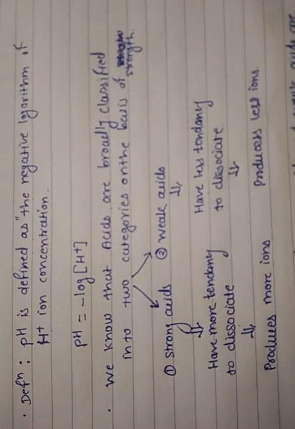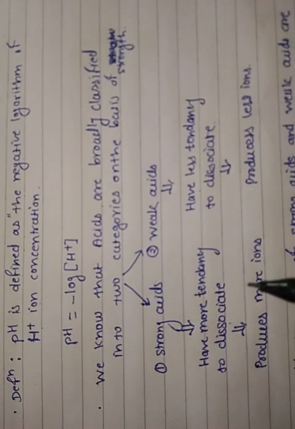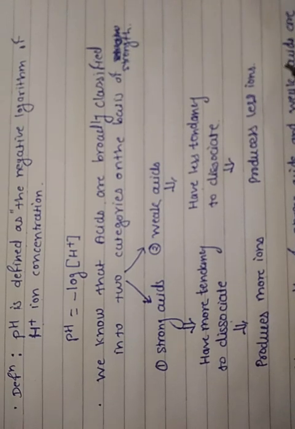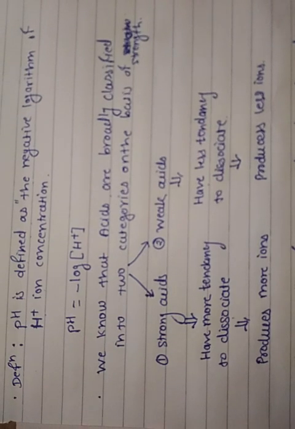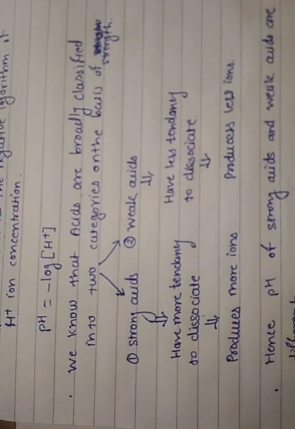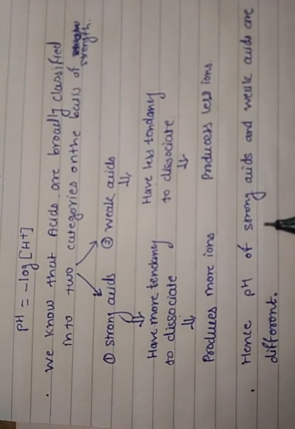Due to the more tendency to dissociate, strong acid produces more ions, while due to the less tendency to dissociate, weak acids produce fewer ions. Hence, the pH of strong acids and weak acids are different.